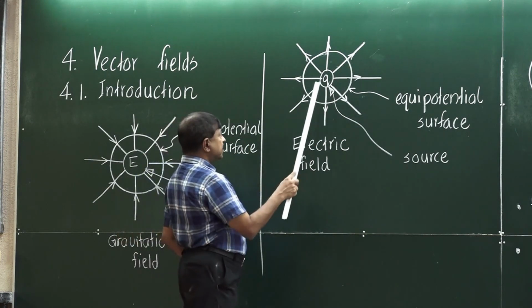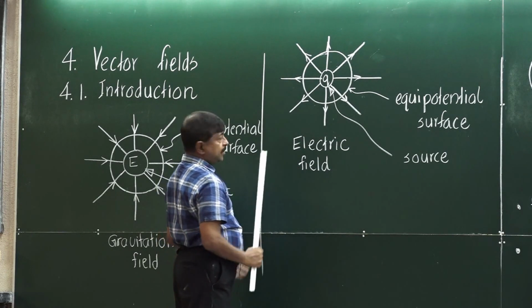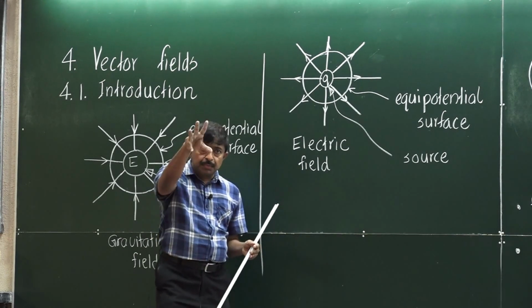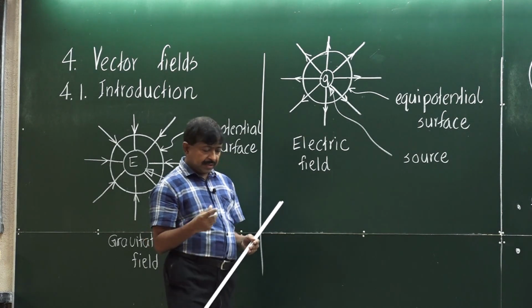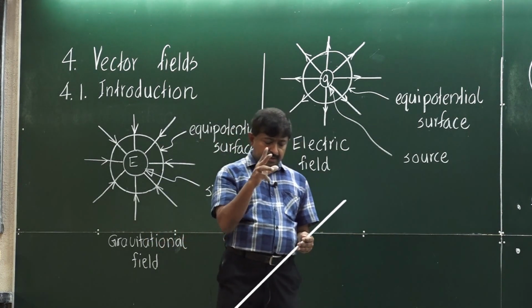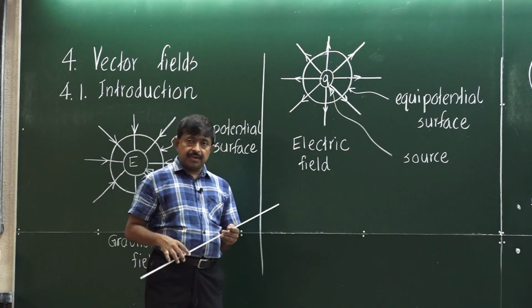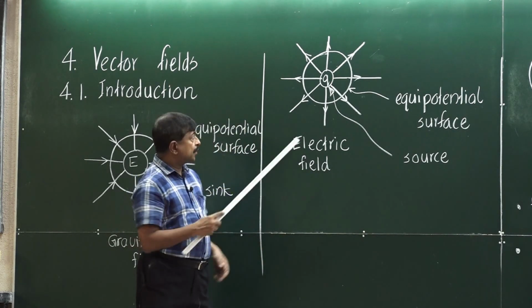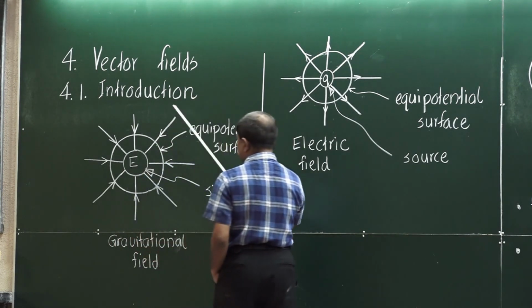It emanates these field lines. All the lines leave that source. If you take the sun, all the light rays leave the sun. Therefore, the sun is a source. Likewise, here this is a source and this is a sink. This attracts all these lines.